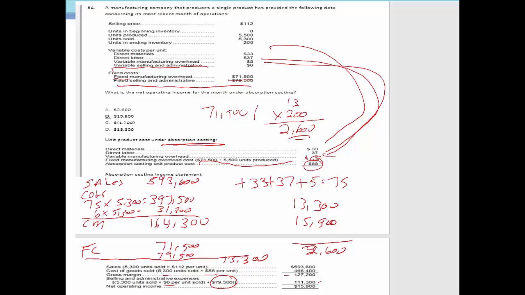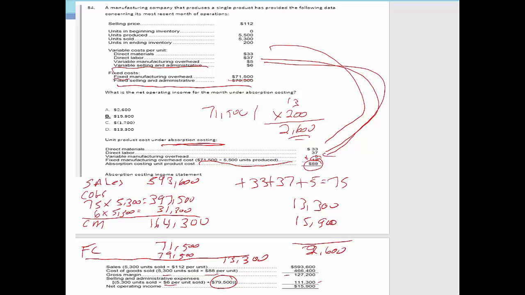Okay. So the theme is the same now. This is the fourth time we've done this now, in which what? The only difference between the two methods, and we've said it now since the very beginning, is how we treat the fixed manufacturing overhead, right? For variables, you just treat it as an expense for the period. For my absorption, is the way we were doing before.